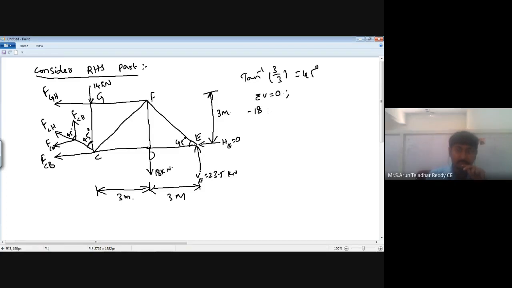VE is upward, positive 23.5. 14 kilonewton downward, minus 14. FCH upward, plus FCH cos 45 degree is equal to 0. Here simply you will get FCH value, that is 12.02 kilonewton.